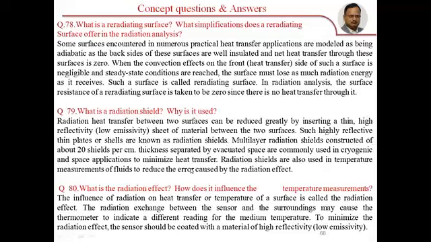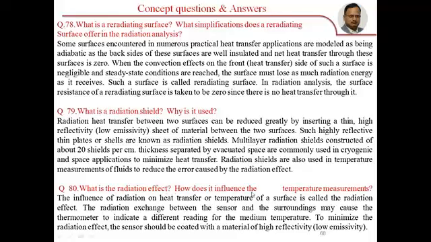Multi-layer radiation shields constructed of about 20 shields per centimeter thickness separated by evacuated space are commonly used in cryogenic and space applications to minimize heat transfer. Radiation shields are also used in temperature measurements of fluids to reduce the error caused by the radiation effect.